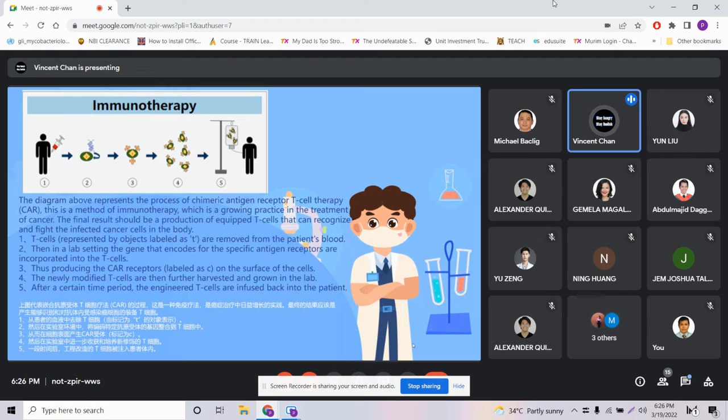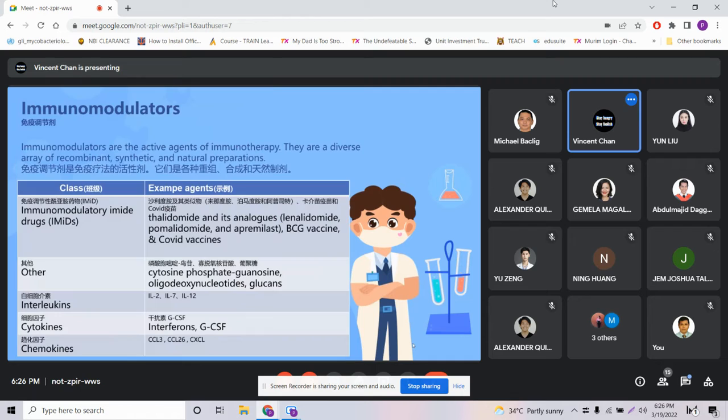Then in a lab setting, the gene that encodes the specific antigen receptors is incorporated into the T-cells, thus producing the receptors on the surface of the cells. The newly modified T-cells are then further harvested and grown in the lab. After a certain time period, the engineered T-cells are infused back into the patient.